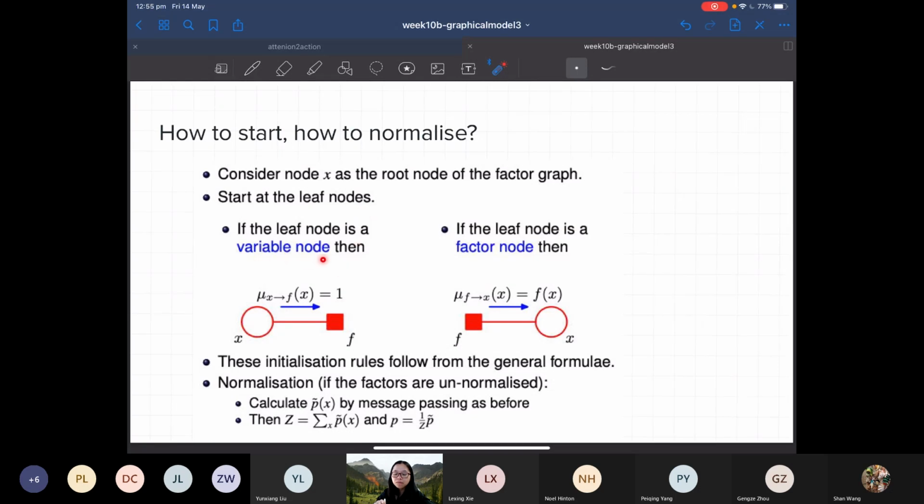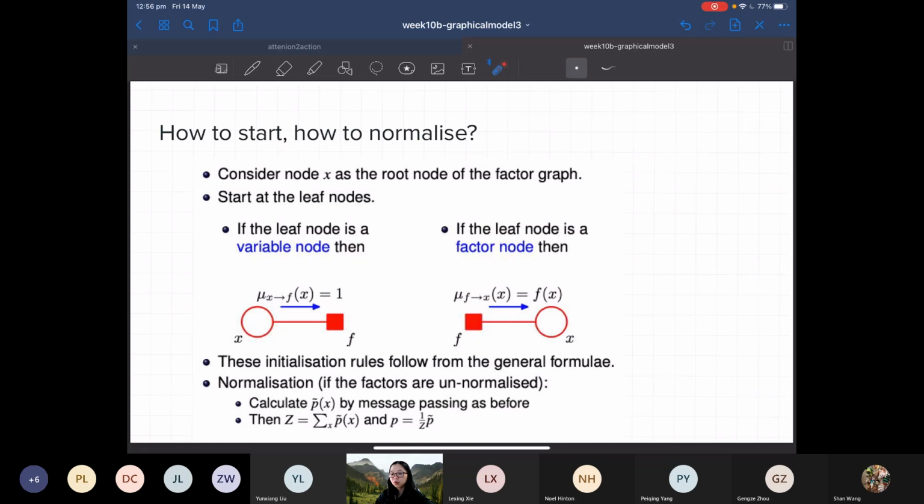If a leaf node is a variable node, then the first message sent is simply 1. Again, these messages are going to get multiplied. No new information is 1 in terms of multiplication, right? And if the leaf node is a factor node, then the message sent is the factor. So when will leaf nodes be factor nodes?